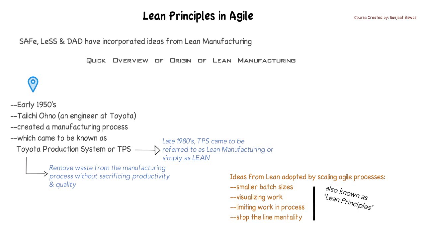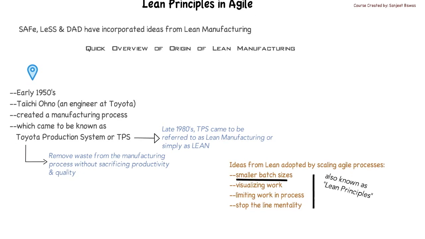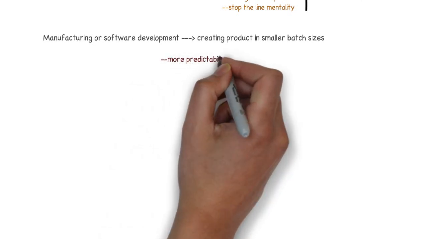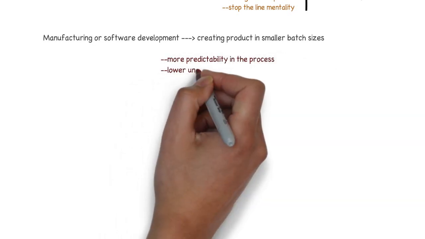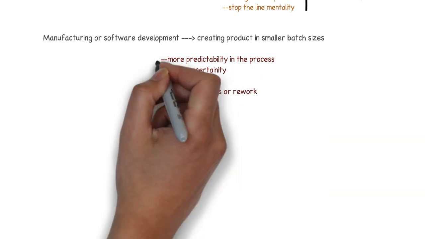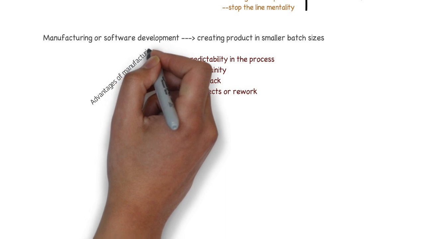In this lecture, I want to focus on the idea of smaller batch sizes. According to studies, whether it is manufacturing or software development, creating products in smaller batch sizes is highly recommended as it provides several advantages, such as more predictability in the process, lower uncertainty, faster feedback, and reduced defects or rework, to name a few.